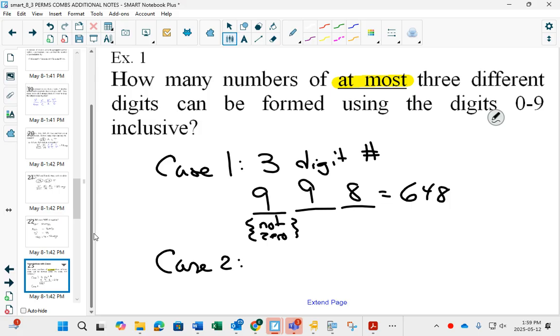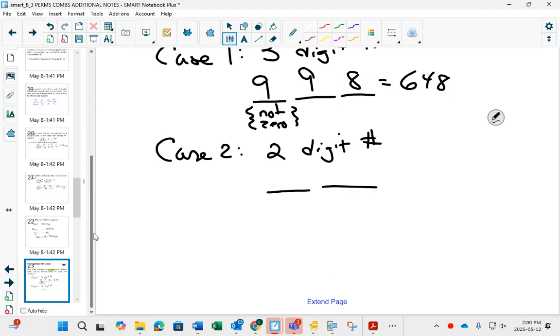In cases, what haven't we counted? We haven't counted 2-digit numbers. So now it would be 2 spaces. Again, a restriction on here that this is not 0. 9 choices there. 9 choices because you've used up 1 number, but 0 can get put back in.